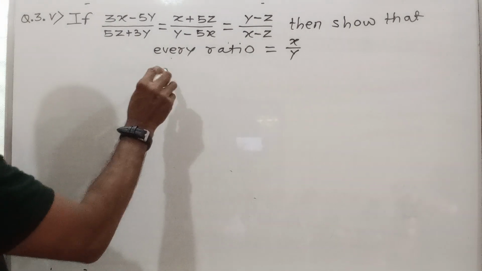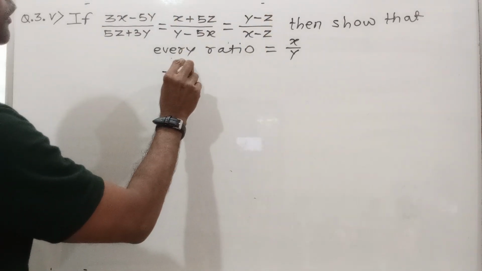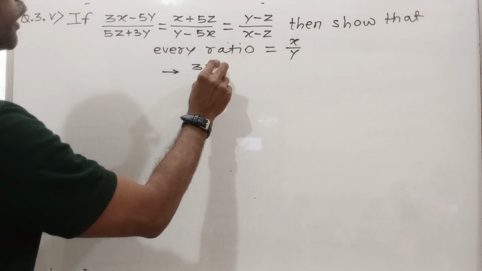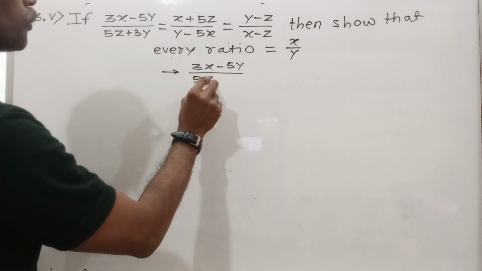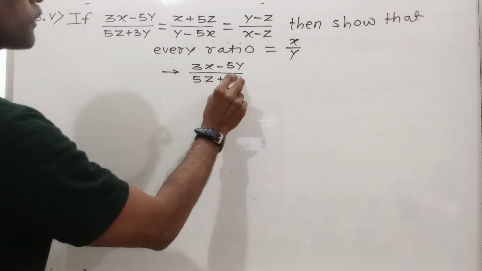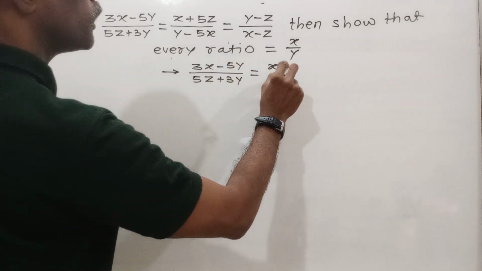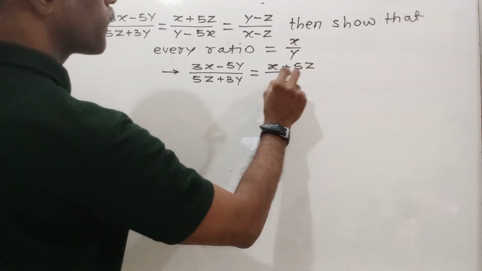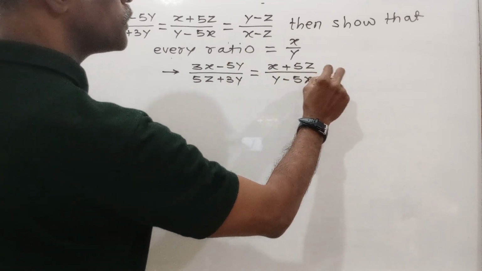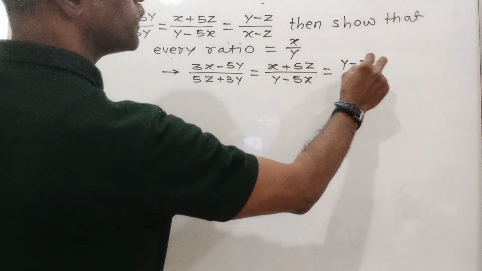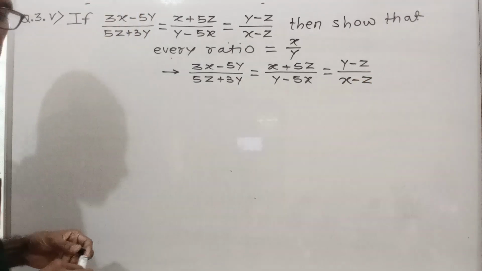Okay, now first I will write here this given: (3x minus 5y) upon (5z plus 3y) is equal to (x plus 5z) upon (y minus 5x) is equal to (y minus z) upon (x minus z).